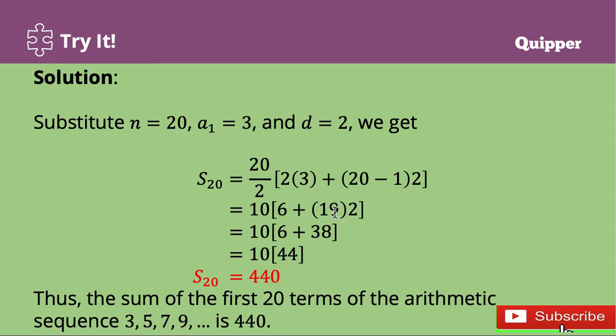Then multiply 19 by 2, we have 38. And 38 plus 6 is 44. From here, 20 divided by 2, we have 10. And 10 times 44 is 440. Therefore, the sum of the first 20 terms of the arithmetic sequence 3, 5, 7, 9, and so on is 440.